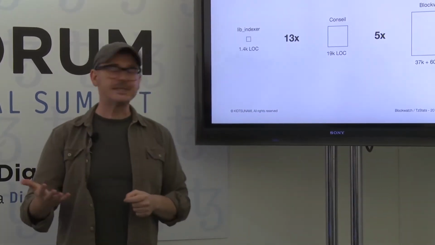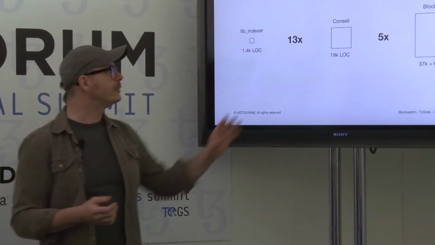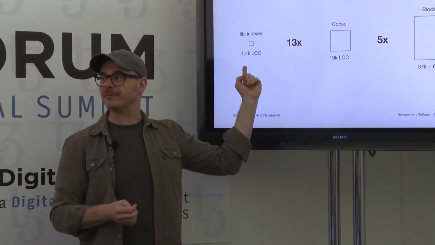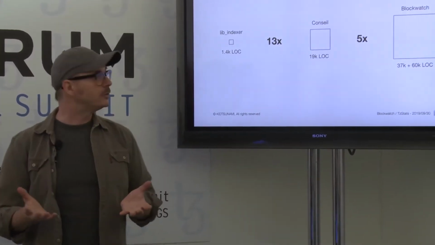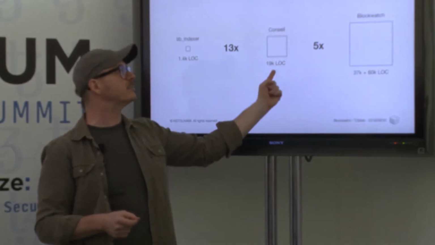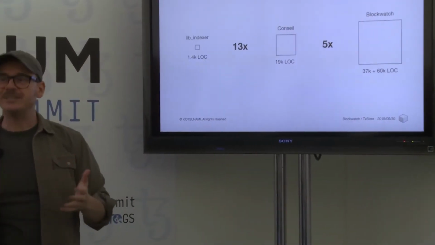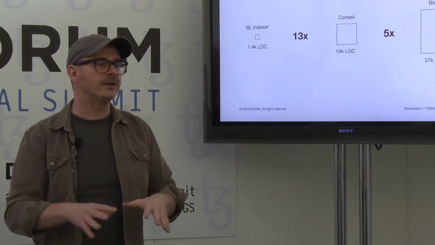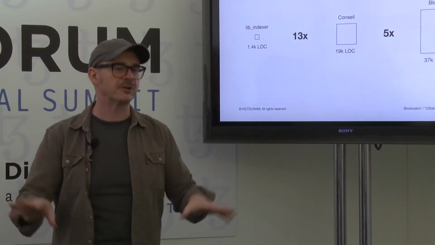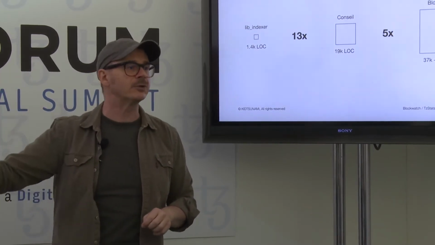Conceal also uses a SQL database, but does a more sophisticated job. It's kind of 13x the size of lib indexer. And the Blockwatch indexer does even more during processing, and that's again 5x more code than Conceal, but as you will see on the next slides, it's worth it. And the implementation happens once. But I want you to be able to run your own indexers in your own infrastructure and not rely on third-party services that are somewhere hosted in some cloud environment.